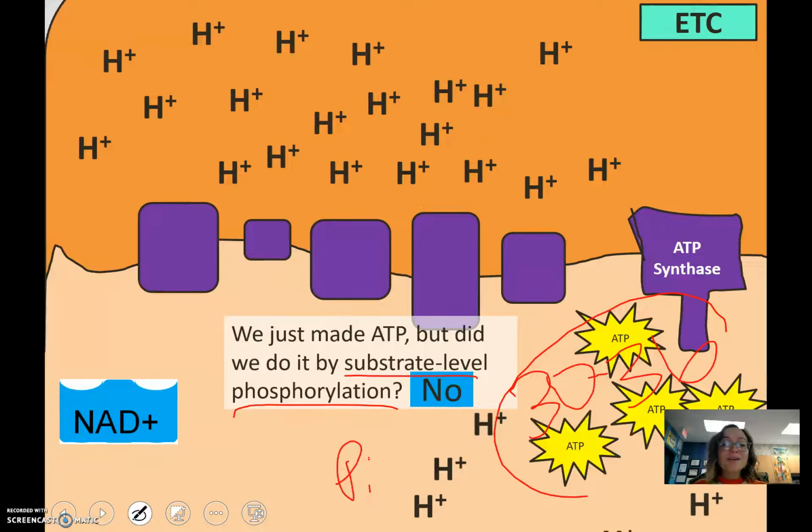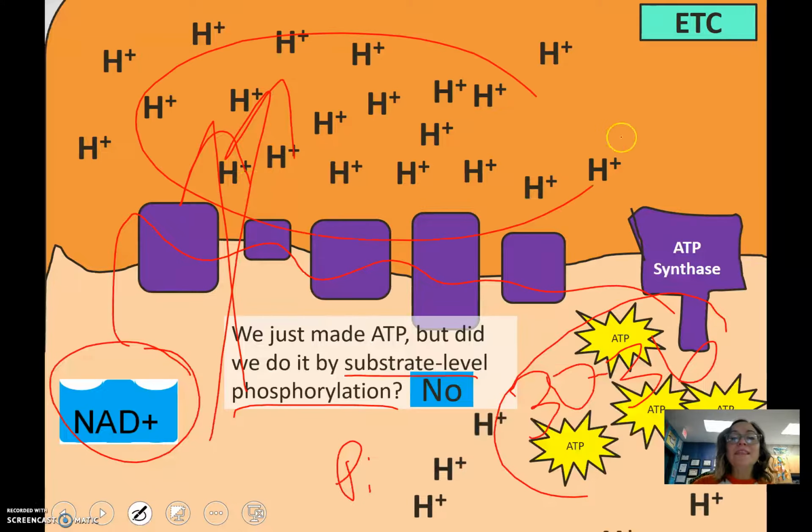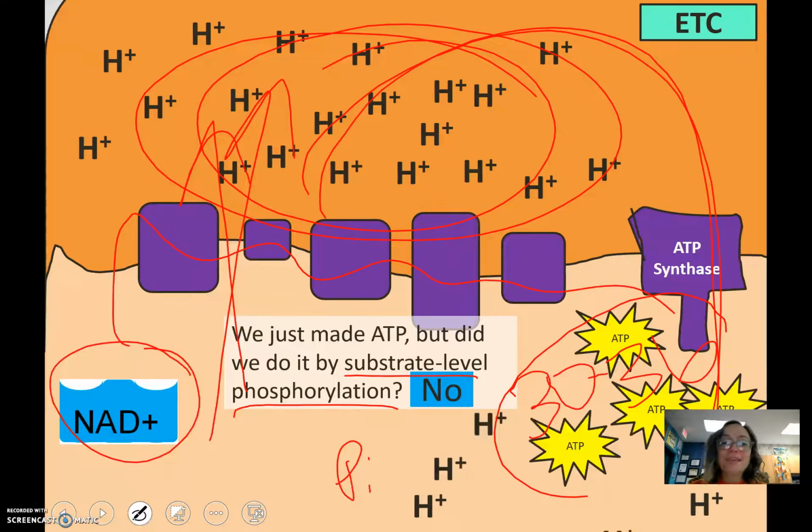That electron carrier being oxidized is what established this proton gradient. The proton gradient exists because we oxidized electron carriers. So as we oxidized electron carriers and the electrons travel down and the protons got pumped up, we create this proton gradient, and now we have them flowing through by chemiosmosis, making ATP.